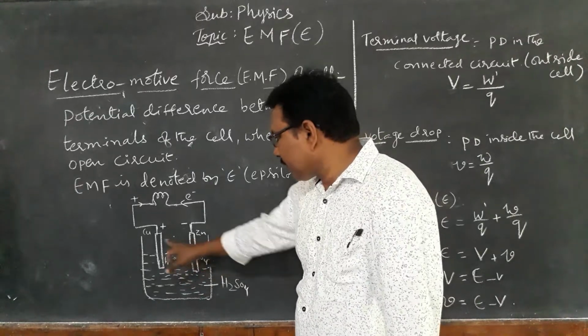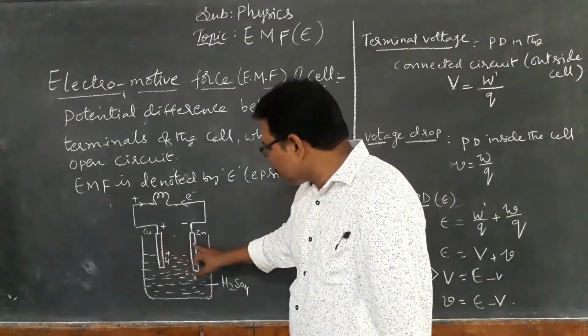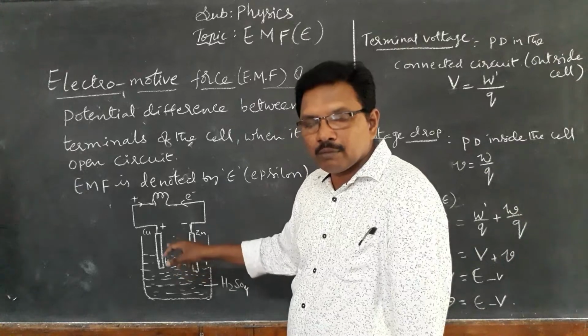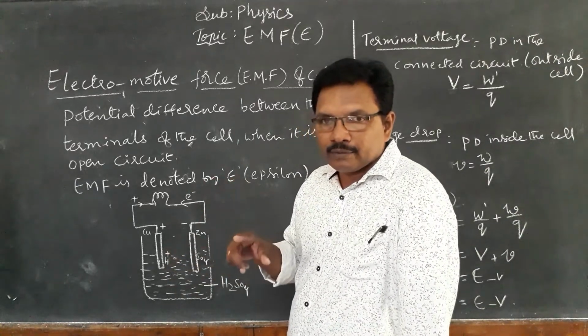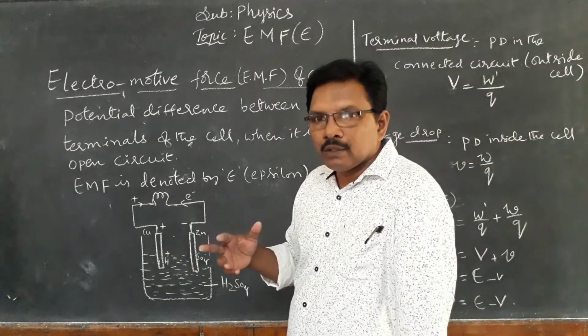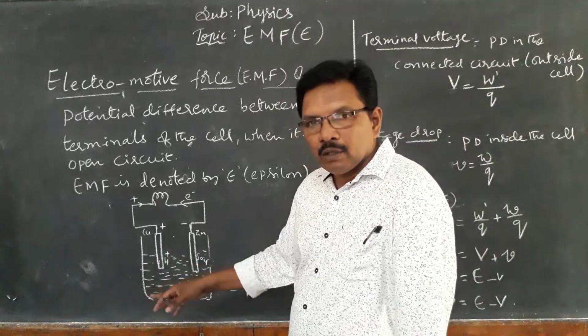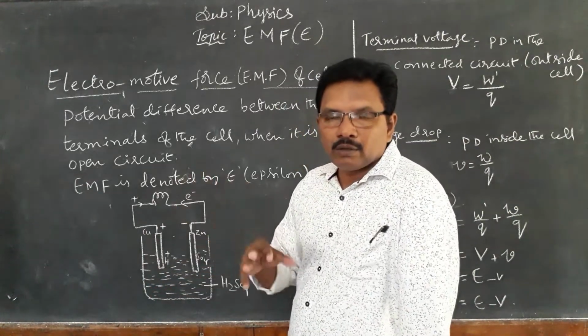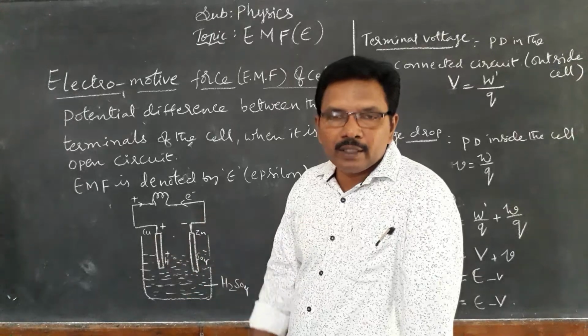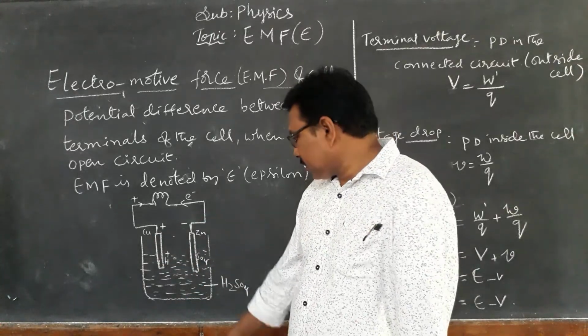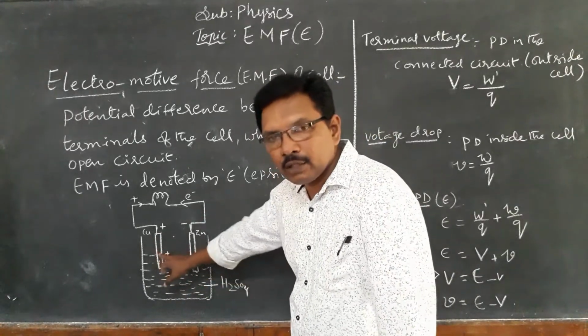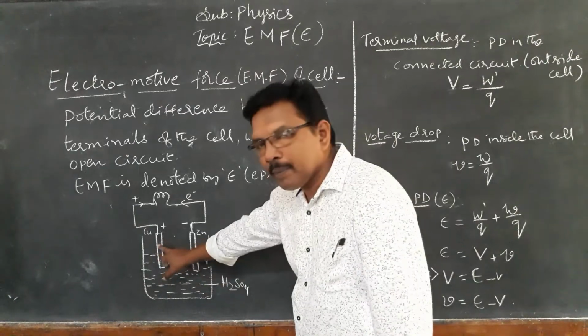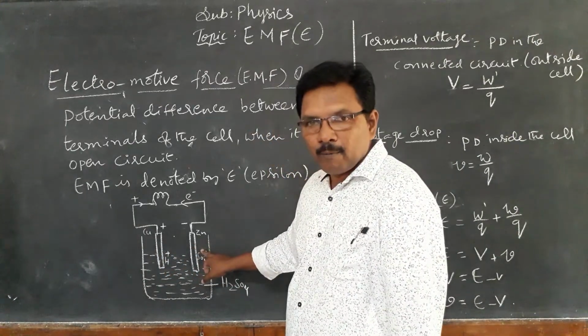Why are we taking different terminals, copper and zinc? If both were the same, different ions could not accumulate on different terminals. That is why I have taken different terminals, here copper, here zinc.